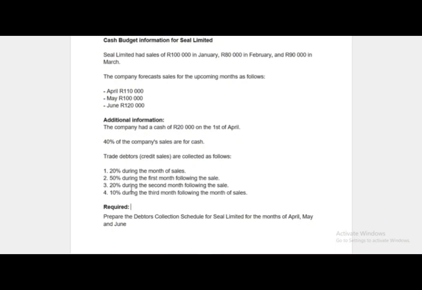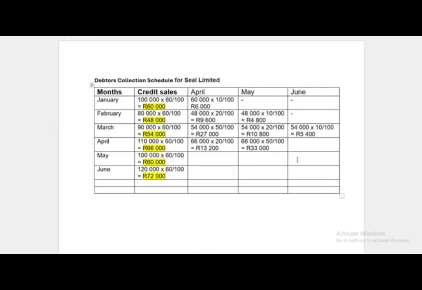They're saying during the second month following the sale, we are collecting 20%. Again, are you with me? So it means you have to calculate 20% in June for April, which is the second month following the month of sale, right? And then we multiply by 20 out of 100.